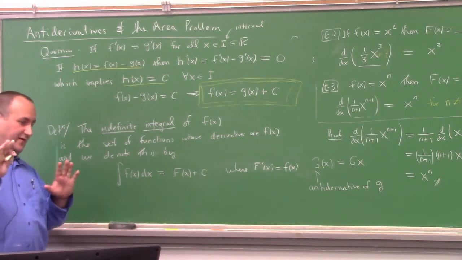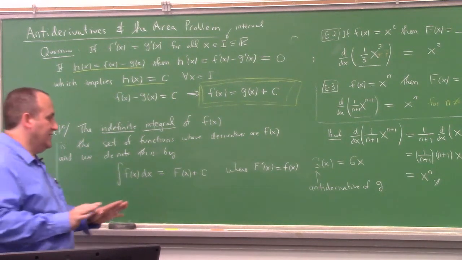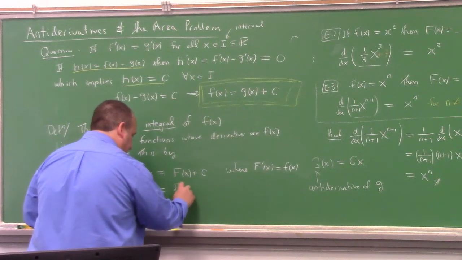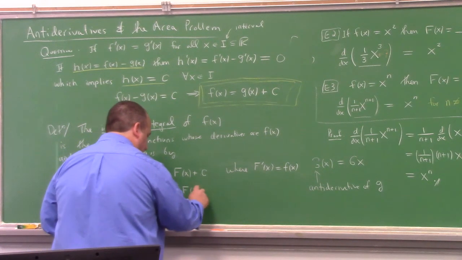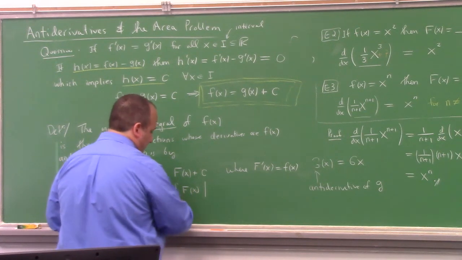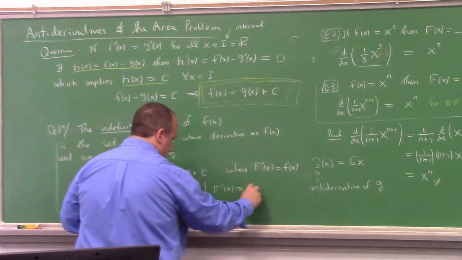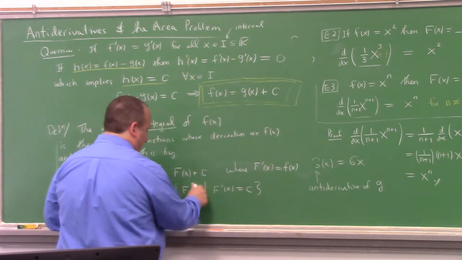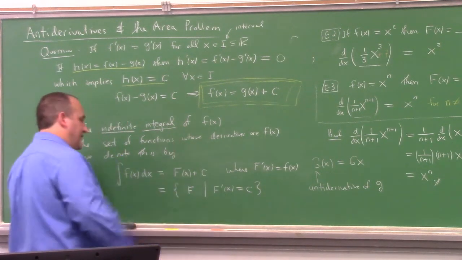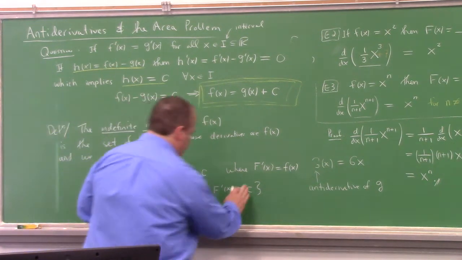So, if I wanted to be really pedantic, if I wanted to be really fussy with calculus students, I would not allow them to write this. I would instead say it's really the set of functions f such that the derivative of the function equals f of x.